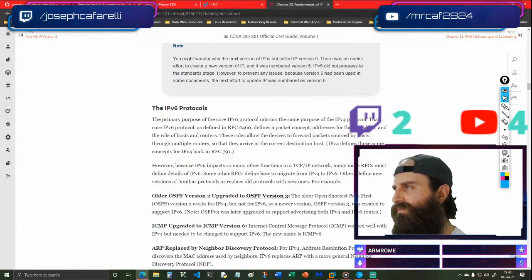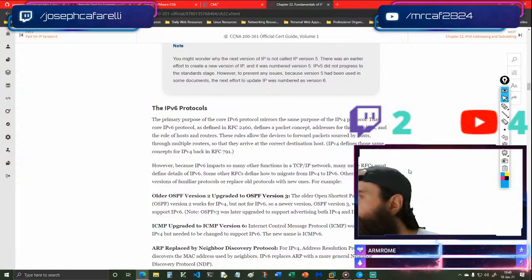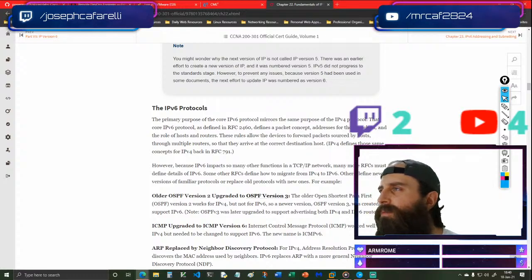These rules allow the devices to forward packets sourced by a host through multiple routers so they arrive at the connected destination. IPv4 defined that same concept back in RFC 791.